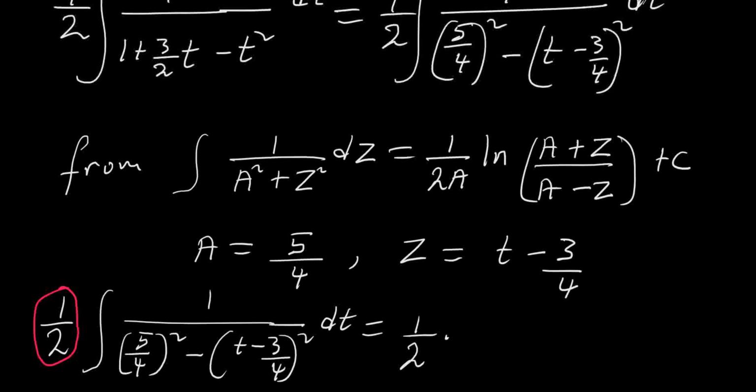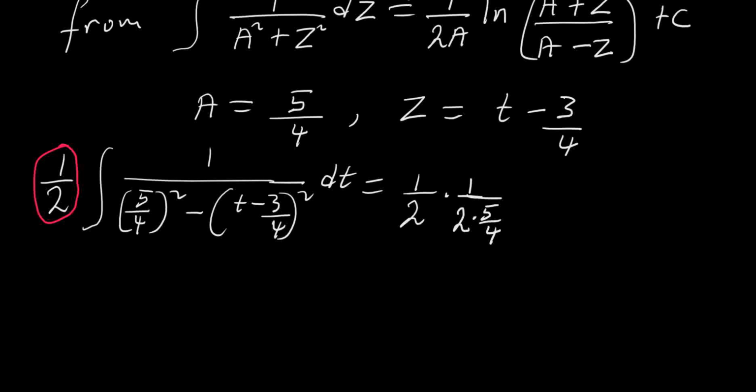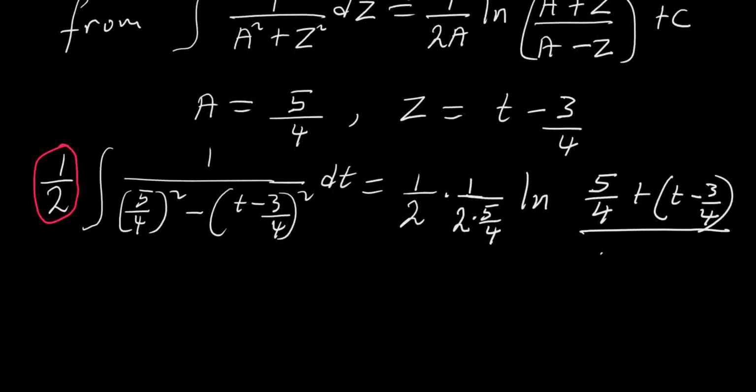Let's simply write it first, then times 1 over 2a. 2 times a is 5 over 4, so this is 1 over 5 over 4, times ln of 5 over 4 plus t minus 3 over 4 over 5 over 4 minus t minus 3 over 4.